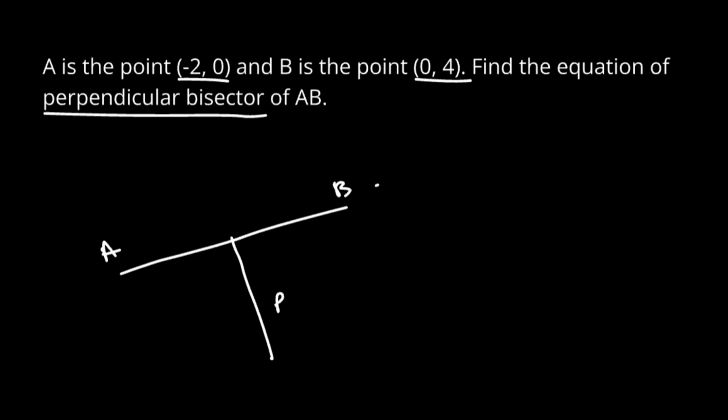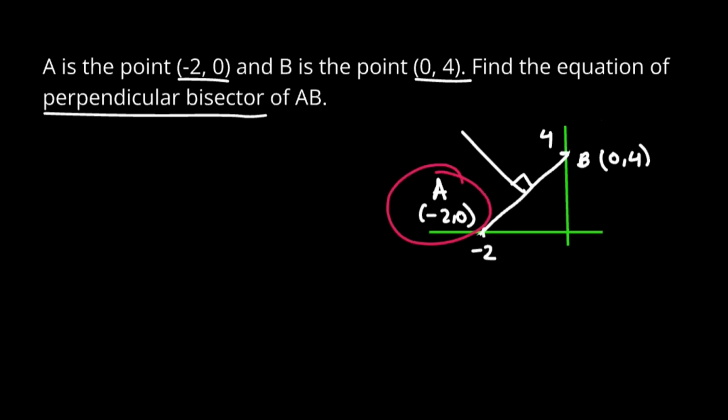Let's call this midpoint M. Now the length AM should equal the length MB and this angle needs to be 90 degrees. So this perpendicular bisector P will bisect the line AB, and to bisect this line, it needs to pass through the midpoint at 90 degrees.